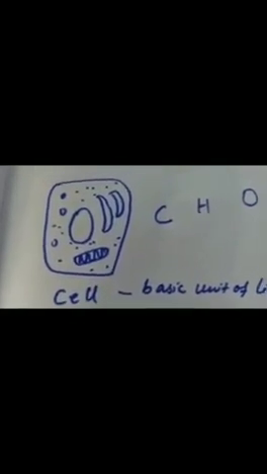Even the basic unit of a human body or animal or plant body, that is the cell, is also made up of elements like carbon. C stands for carbon, H stands for hydrogen, O stands for oxygen. Then you can find phosphorus in the cell. So many different types. So matter is anything which has mass and occupies space. So there are two parameters to categorize anything as matter. That is, it must have what?